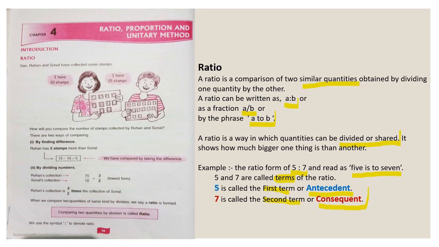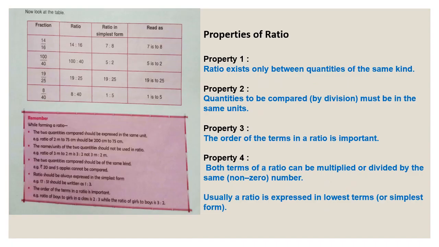Now come to some properties of ratio. Here some fractions are given in the boxes. You have to represent them in the form of ratio, and the ratio in its simplest form. Simplest form means the given numbers have no common factor other than 1.